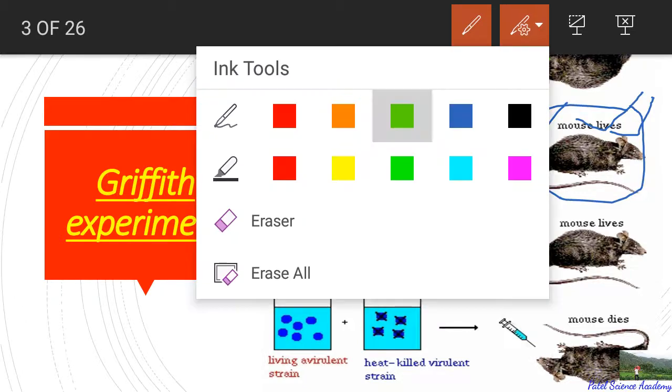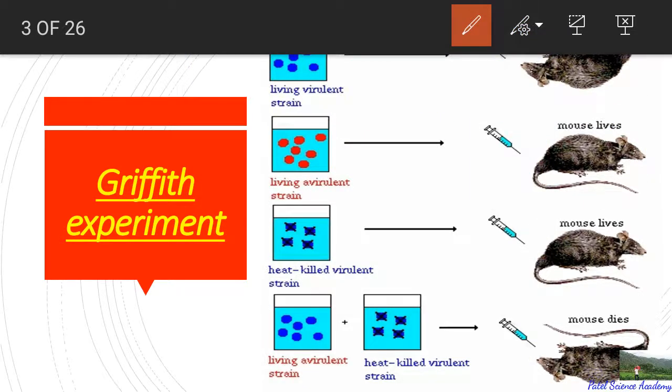What have we concluded till now? Till now we have seen, if R strain is injected into the body of the mice, there is no pneumonia, mice survive. Second step, if S strain is injected into the body of the mice, what happened?